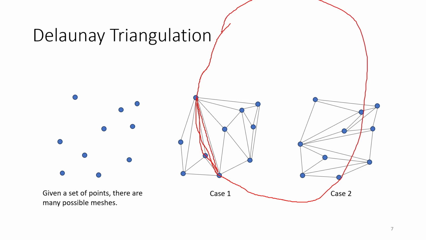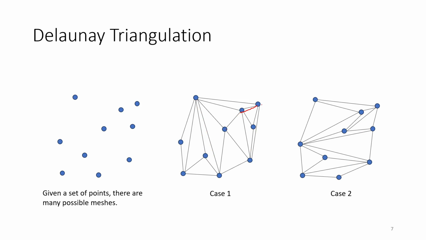For example, then you will see there are many points here, here, here, and here, and this. All of them are inside the second circle. So therefore, this is not a Delaunay triangulation.